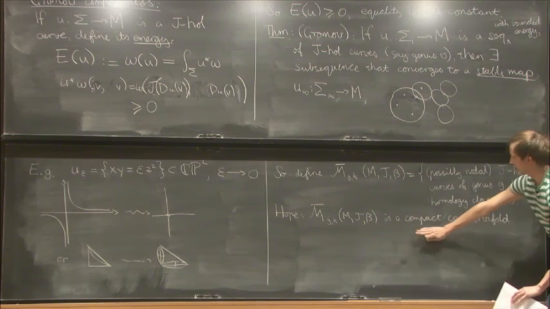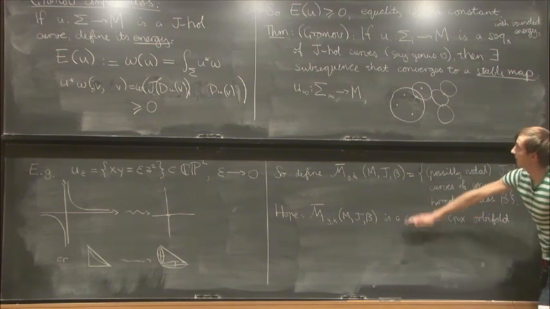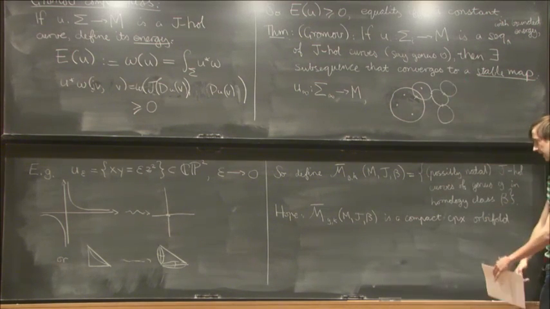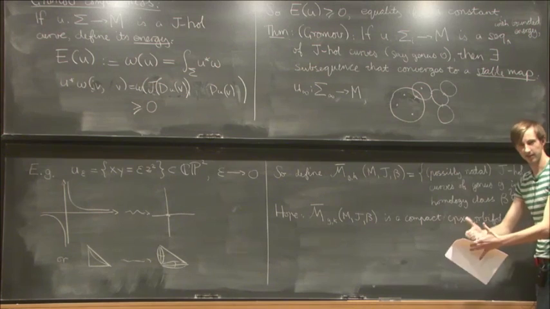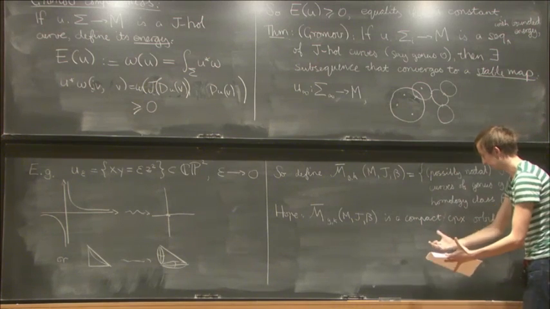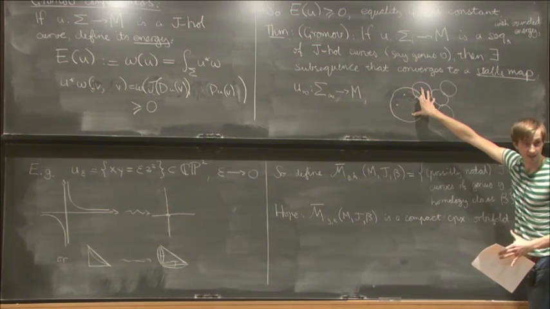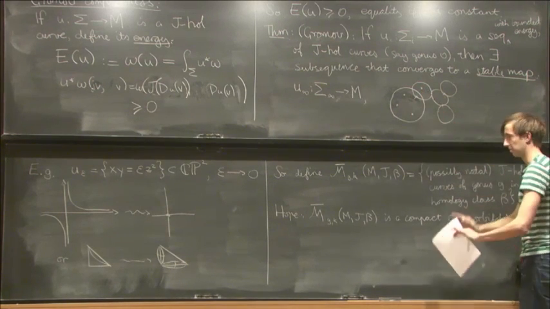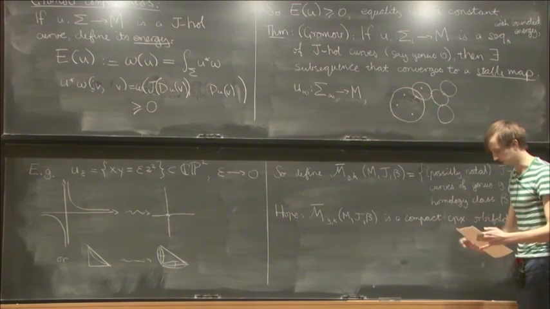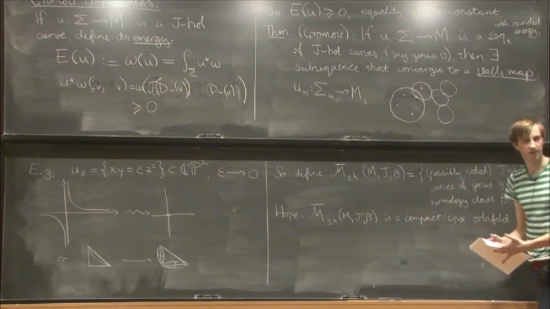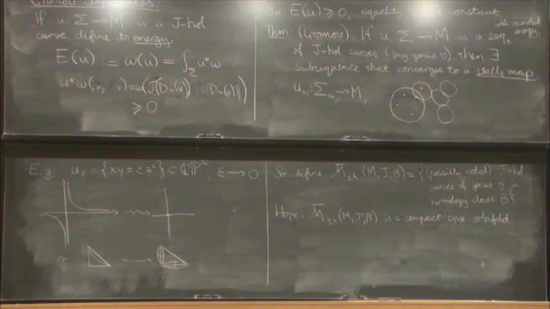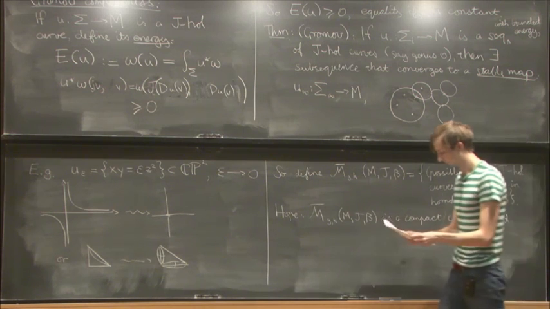So we've seen this compactness. That's this result, and then of course there's a mess showing you really do have nice neighborhoods of points like this in your moduli space, but morally that's what you should think of this thing as looking like. Honestly, it's not always true.